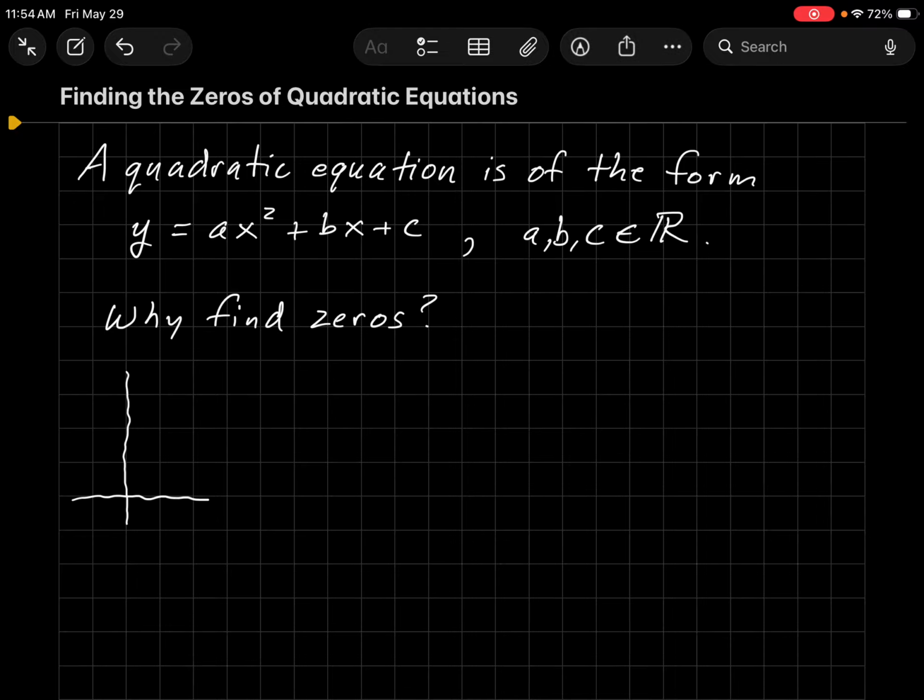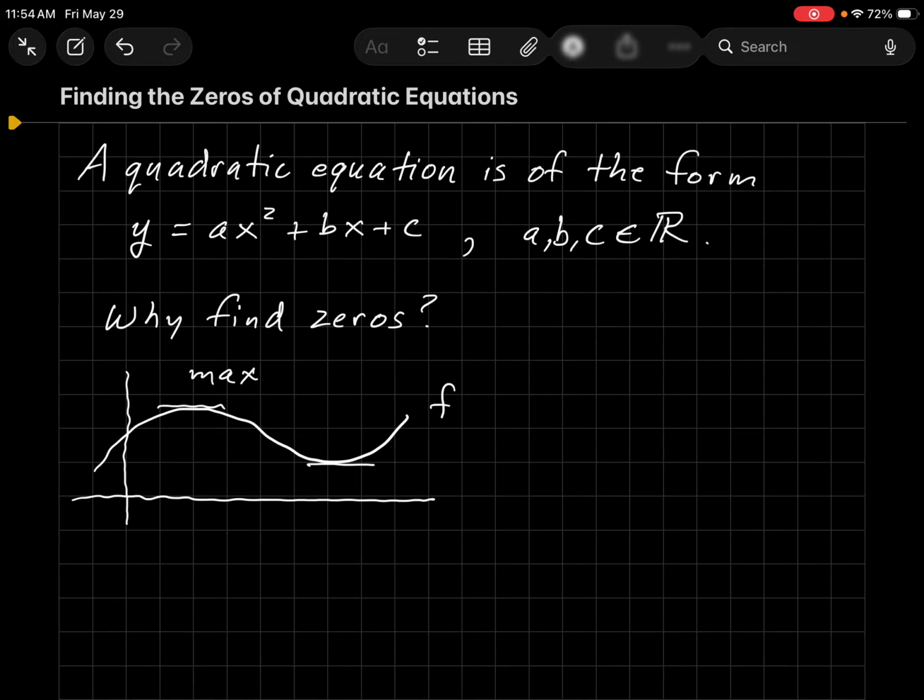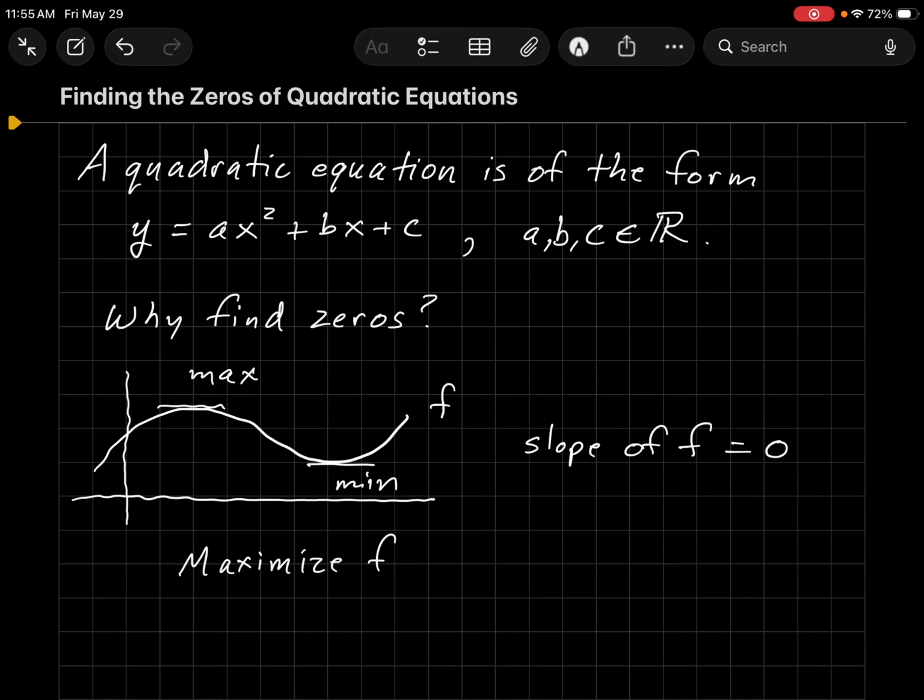When you get to calculus, or if you decide to take that, we find that a function has either a maximum point or a minimum point, generally speaking, when the slope of the graph equals 0. For example, in engineering, you might want to maximize fuel efficiency if you're designing a car or an airplane.